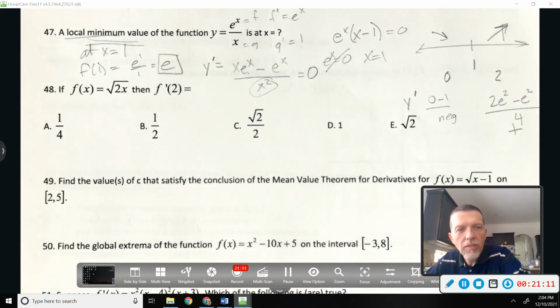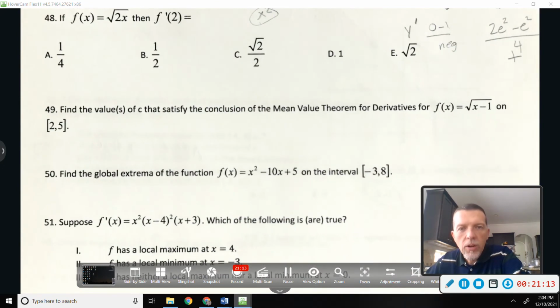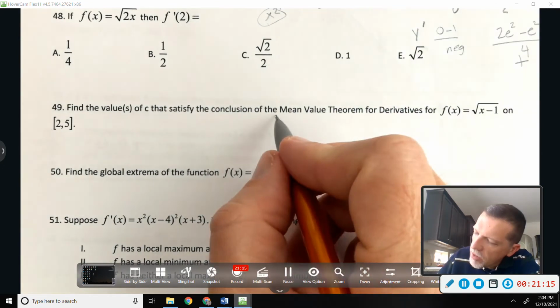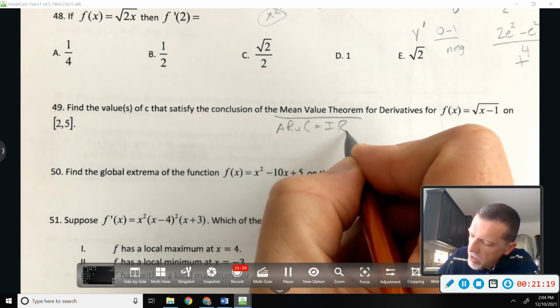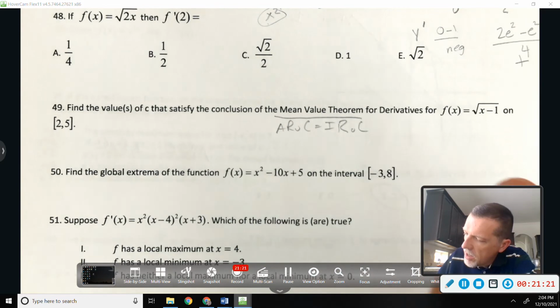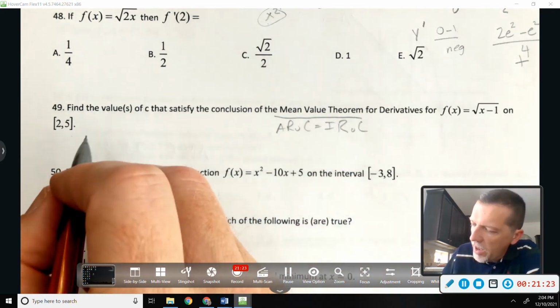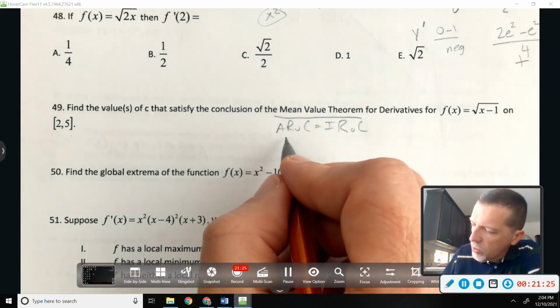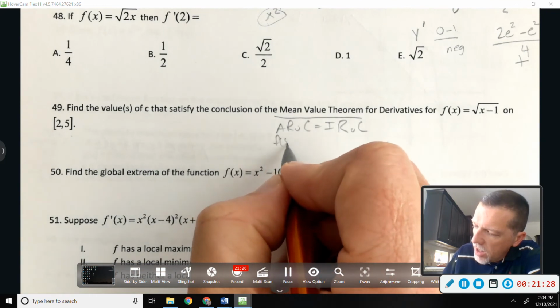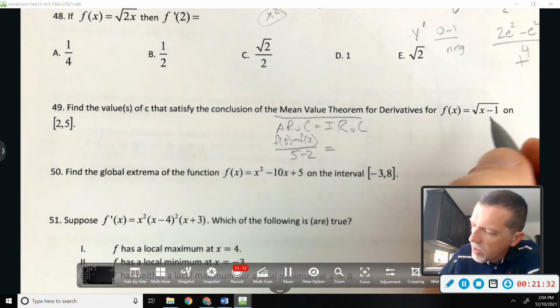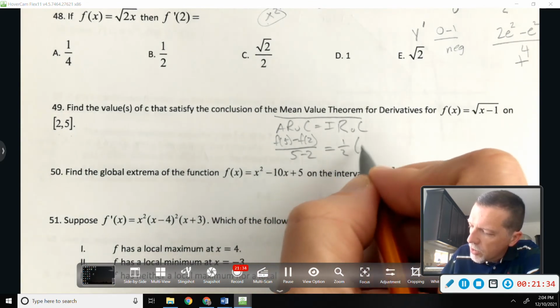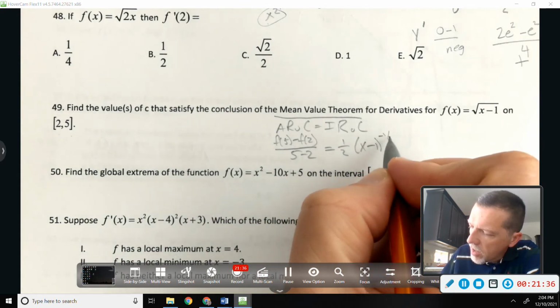48 is pretty straightforward. 49, mean value theorem. A rock equals I rock between 2 and 5, so I need the slope between 2 and 5, so I need f of 5 minus f of 2 over 5 minus 2, and I'll set that equal to the derivative of my function.